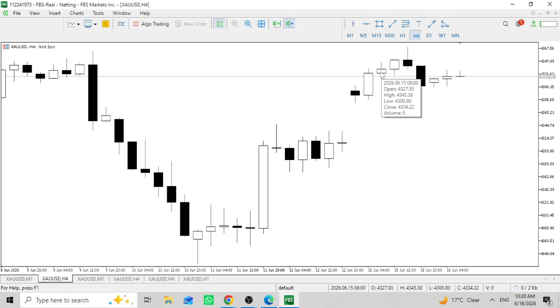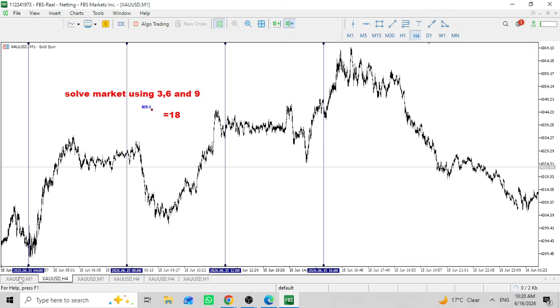You can see high is 4345.38 minus the low, which is 4300.80, and the range is 44. So we come back to this tab, and we can say the range is 44.